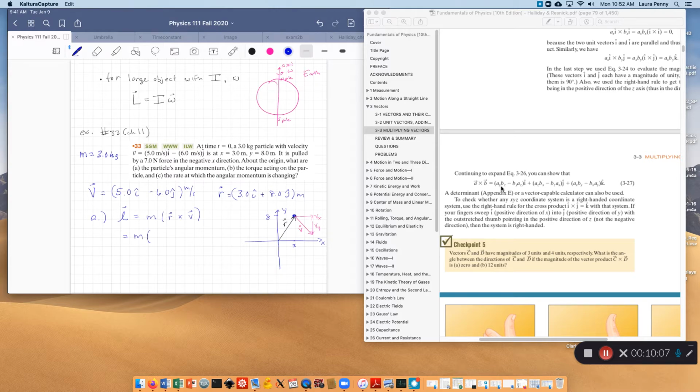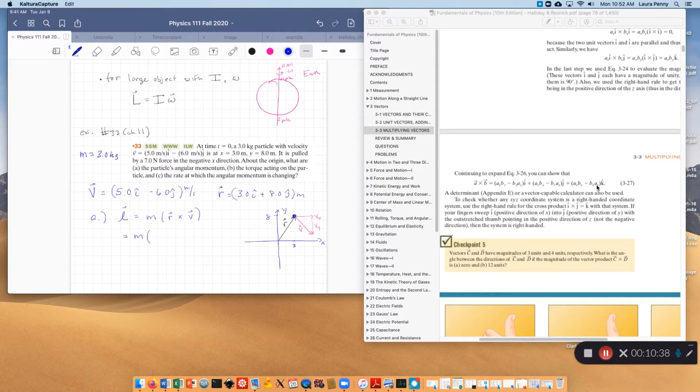Vz is 0, and rz is 0. The part that would have the I hat has z components, bz and az. The j part has az and bz. And so it's really only this term that still exists: ax times by minus bx times ay, and all of that's going to be in the k or z direction.